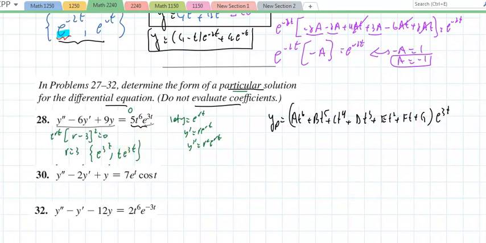For this to work, you want to make sure that none of these are there. Do you see that if you multiply this out, this is right there, and this is right there? So what do you do? You modify. Do you see when you modify, you must multiply by t squared?